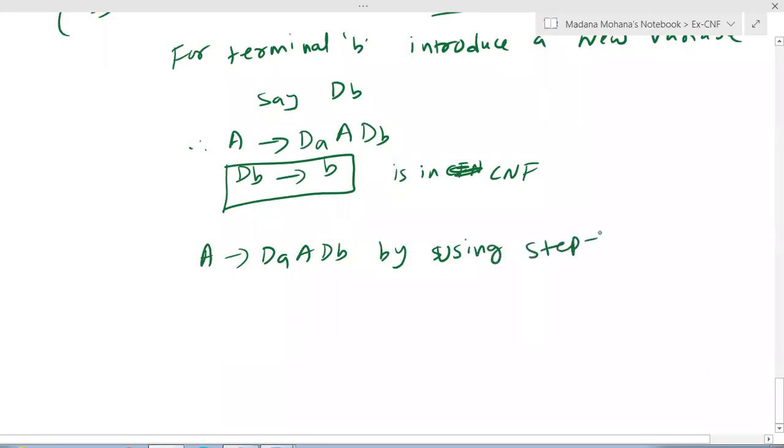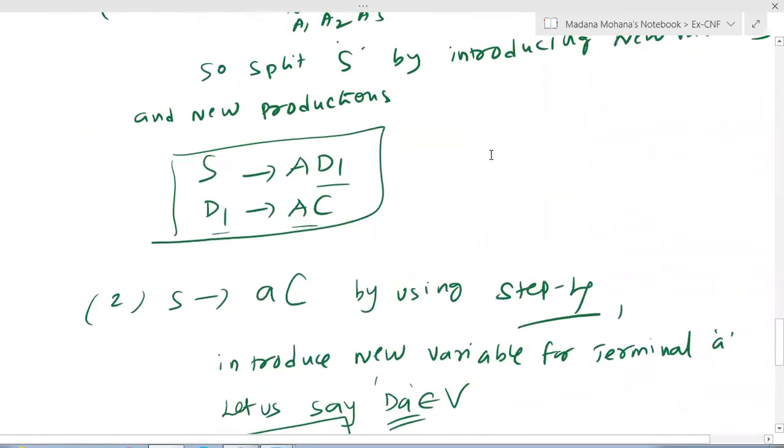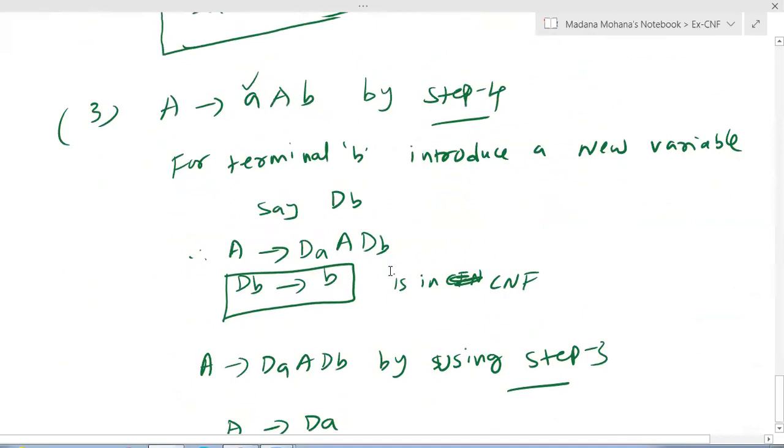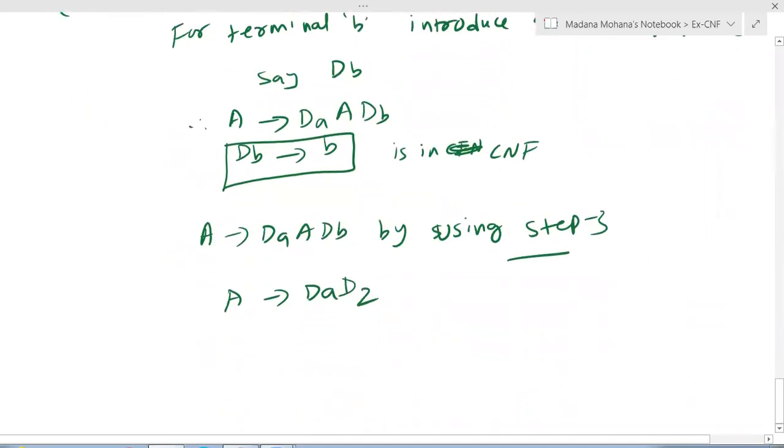That means we have to split. A derives DA. Now you can introduce another new variable. Earlier we introduced D1. Then you can continue with D2. Now D2 is the new variable. Now what is D2? A DB. Now D2 derives A DB.